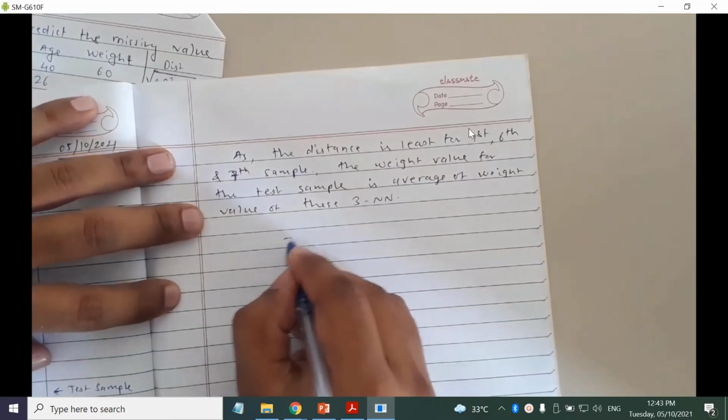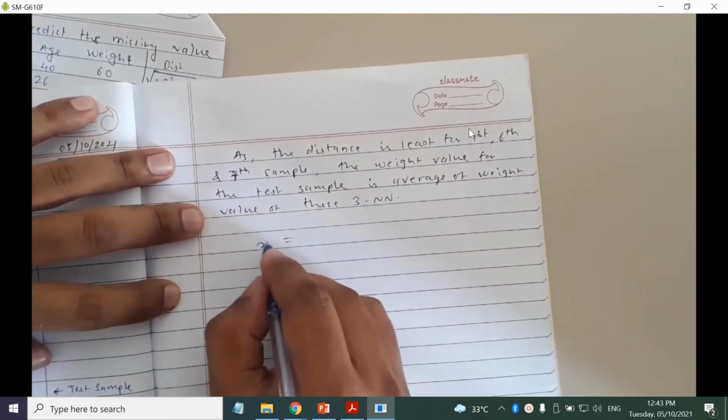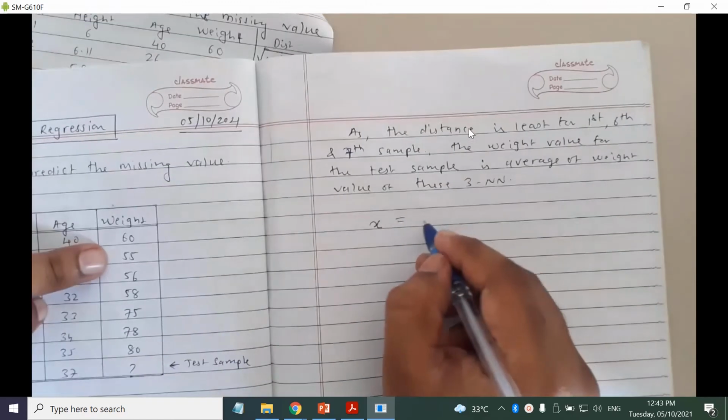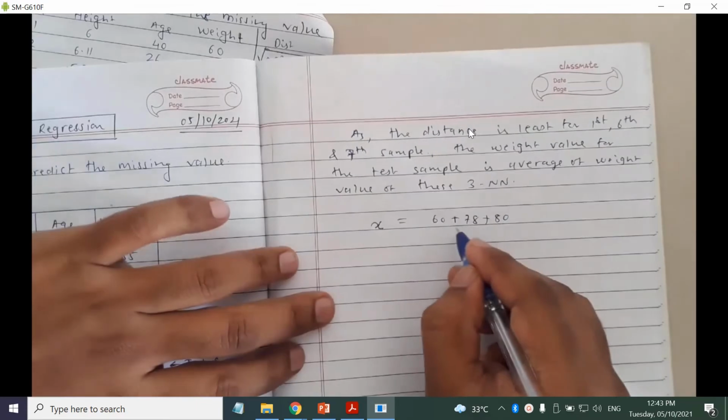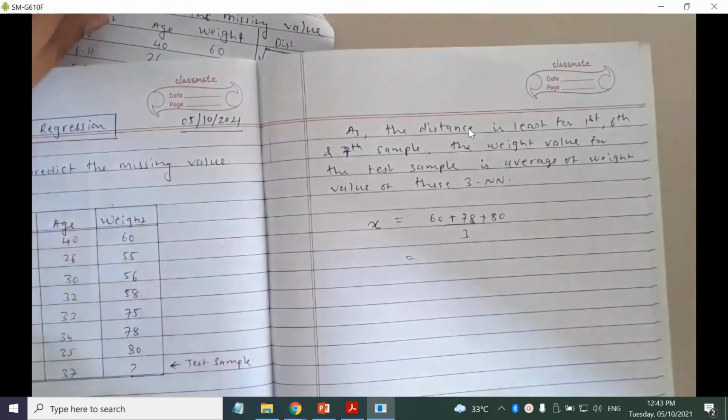So the missing value, or x, is 60 plus 78 plus 80 divided by 3, and it will come out to be 72.67.